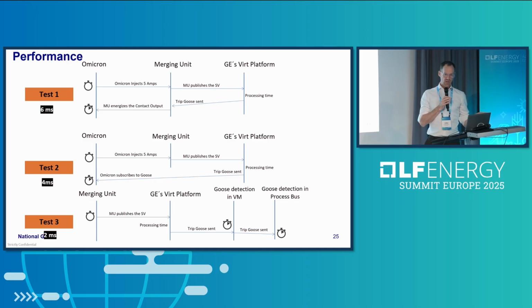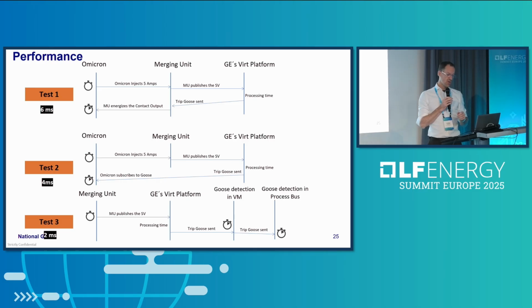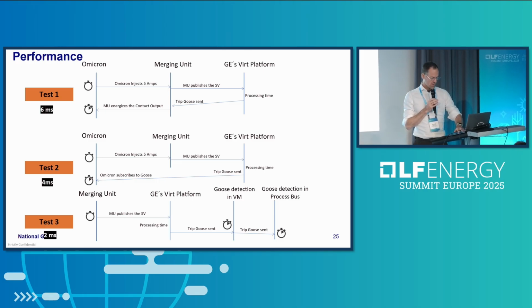The 6 milliseconds round trip time roughly splits up into 2 milliseconds on the merging unit, 2 milliseconds in the Seapath platform, and 2 milliseconds back when the merging unit receives the trip signal.